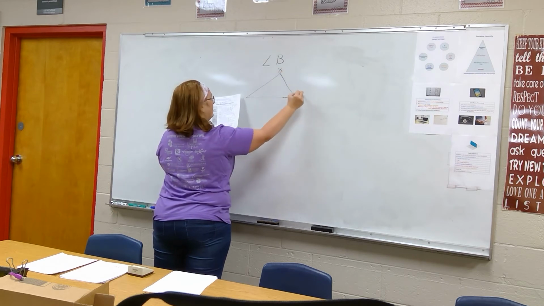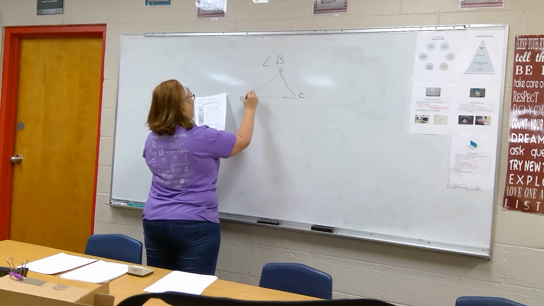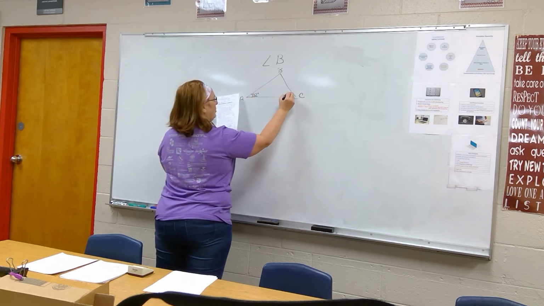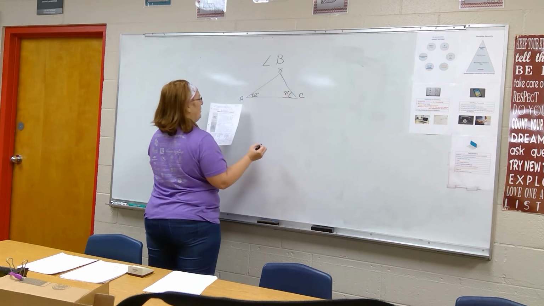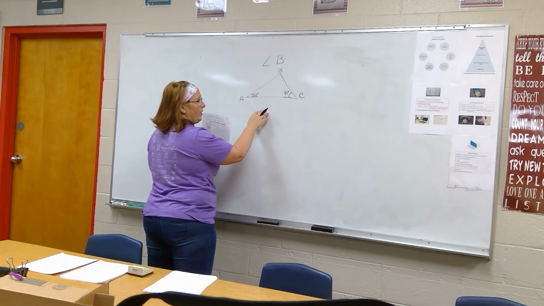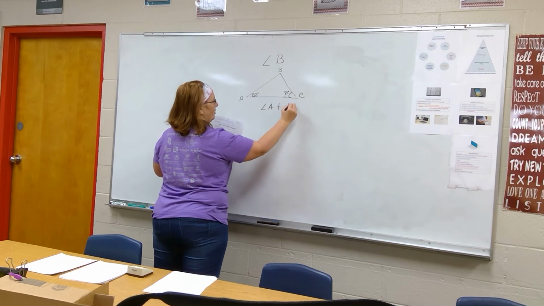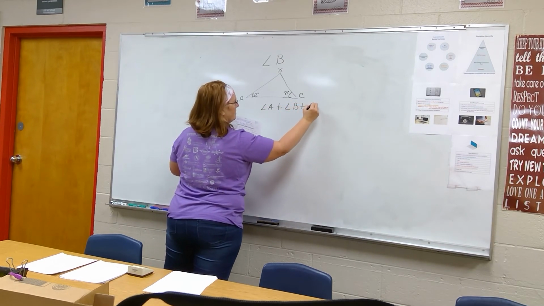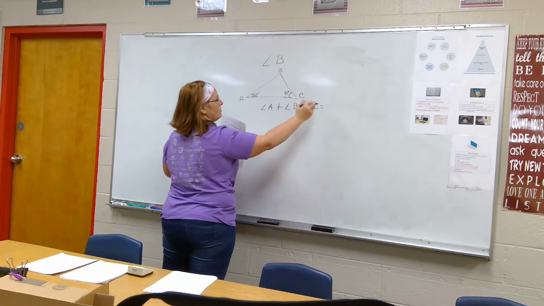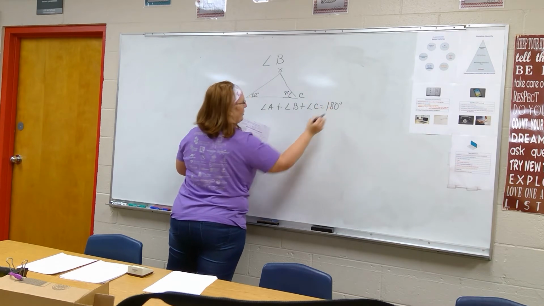We have B, C, A. They've told us that angle A is 32 degrees. They've told us angle C is 81 degrees. We can do an equation here because we can take angle A plus angle B plus angle C equals, all triangles have a total of 180 degrees.